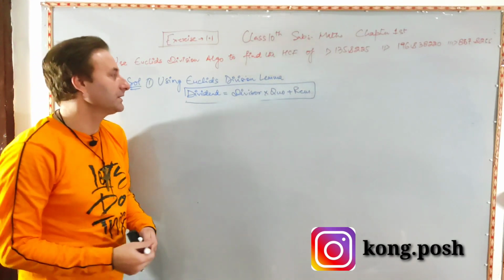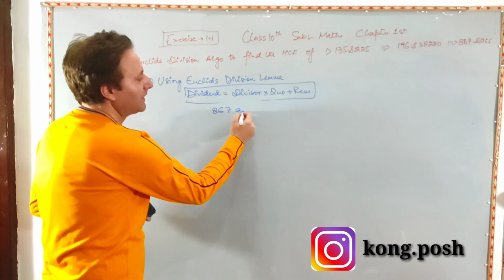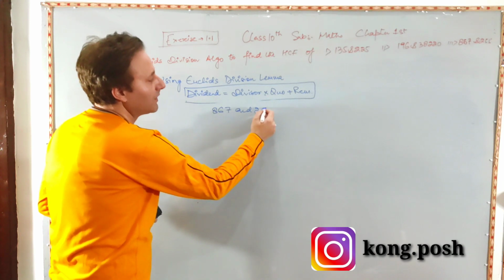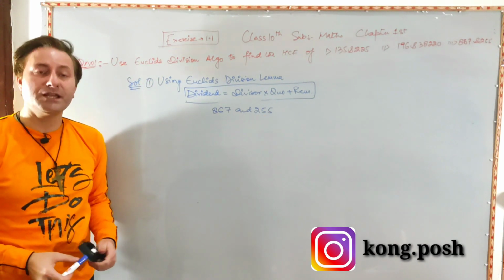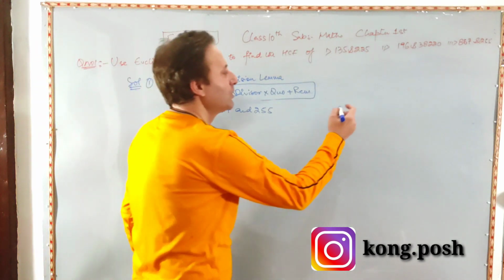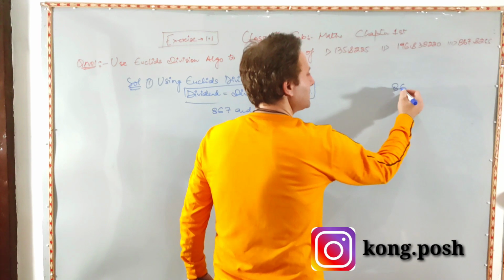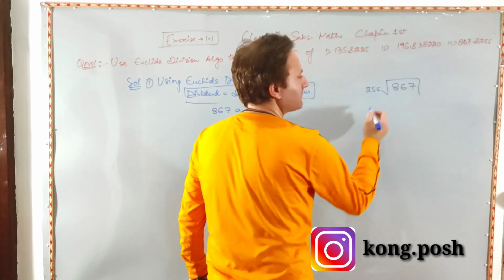Alright guys, so now the third part and the last part of this question. So the third part is 867 and 255. Okay, so now what we need to do again is see the bigger term. So 867 is the bigger term. We will divide 867 by 255.